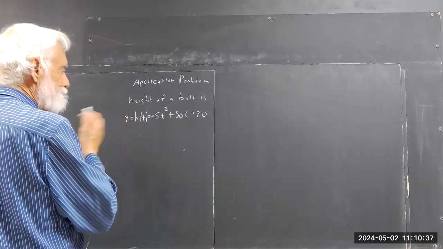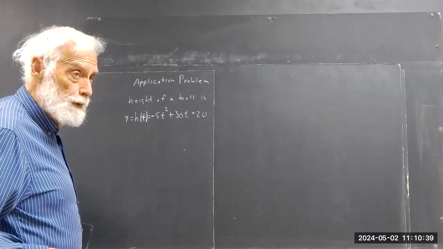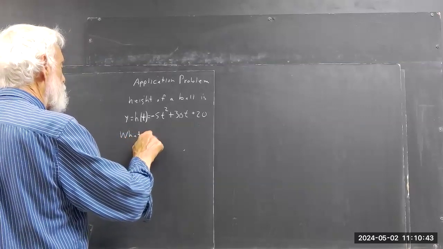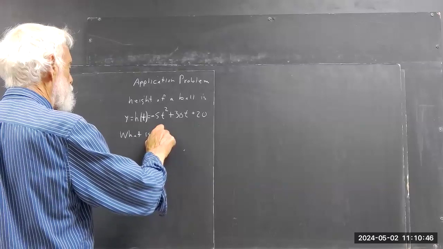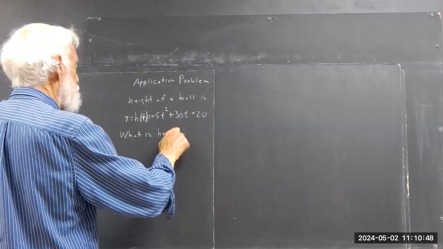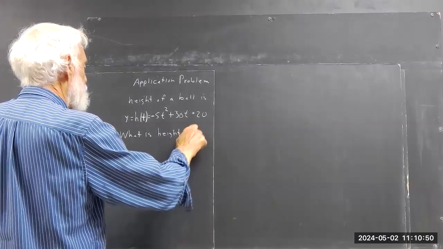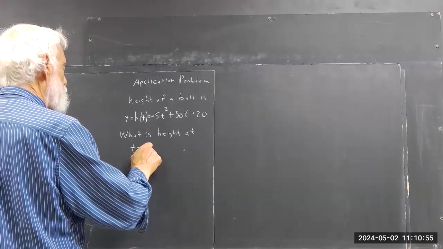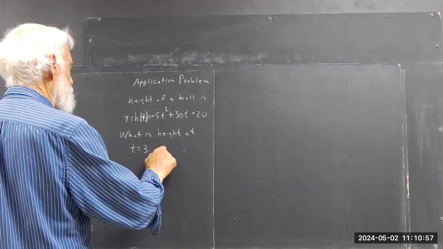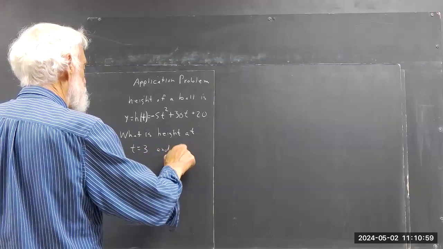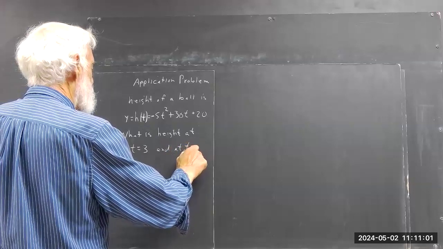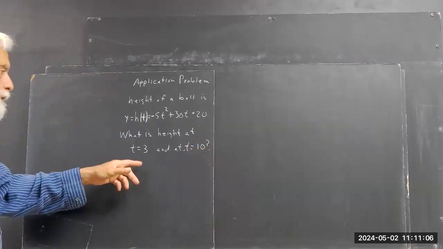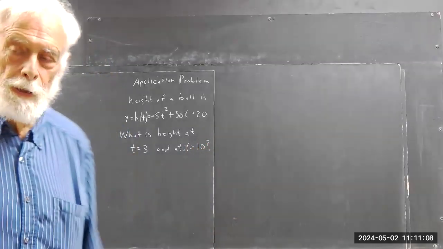So let's just ask a couple of questions to this function. What's the height at t equals 3 and at t equals 10?